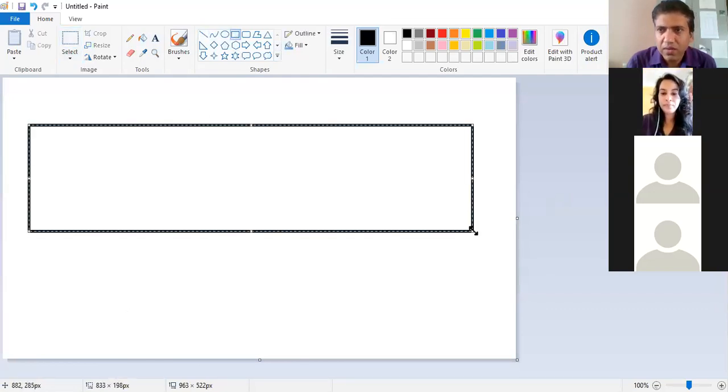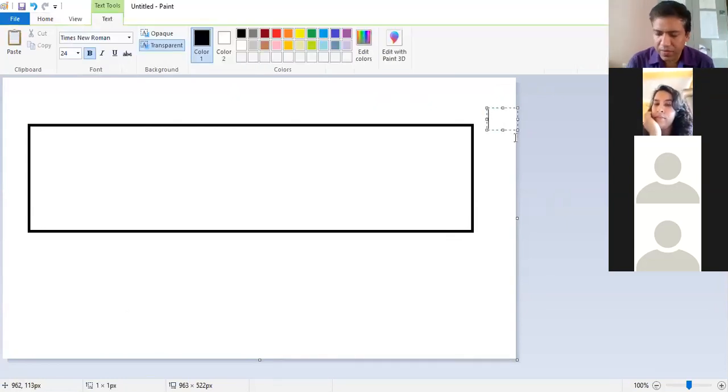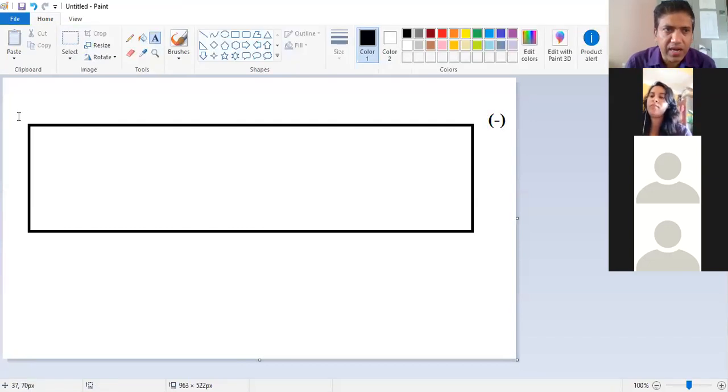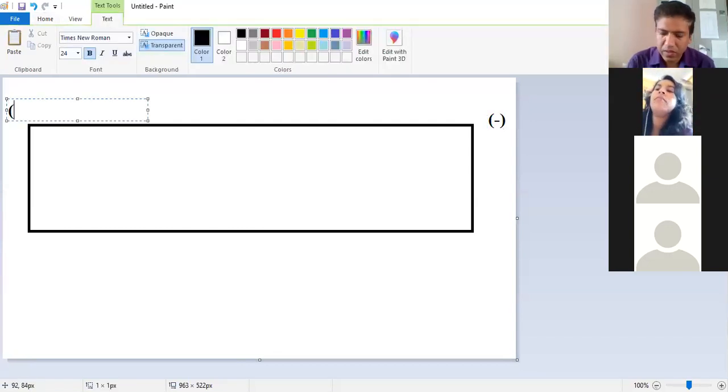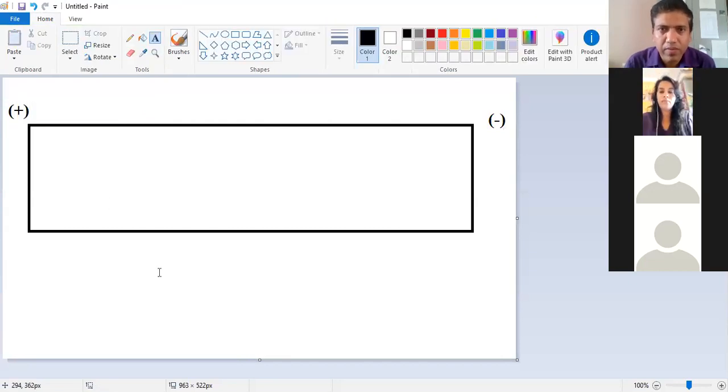This is your gel submerged inside the electrolyte solution, either TAE or TBE. I am showing the side view of the gel. Let's say this side of the gel you have the anode, and this side you have the cathode.